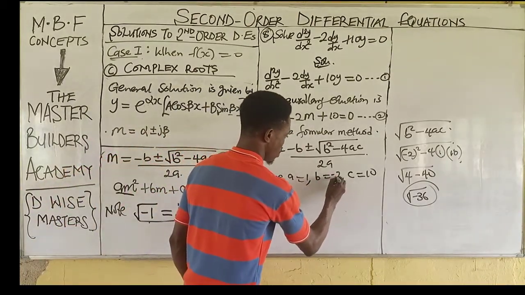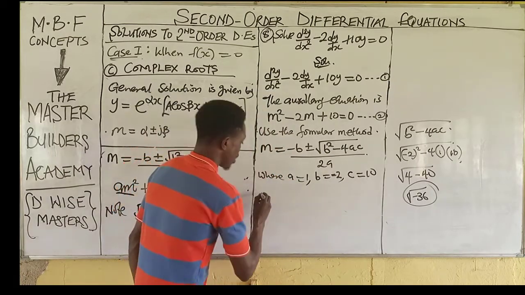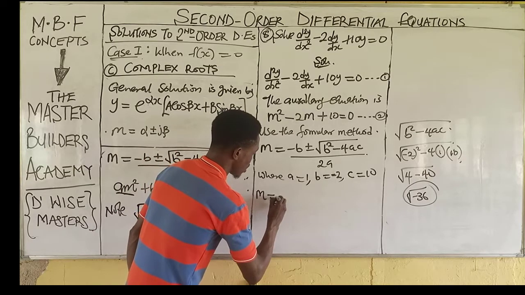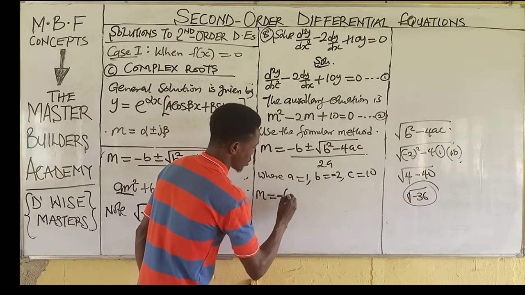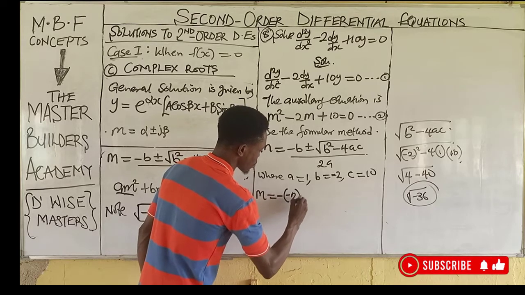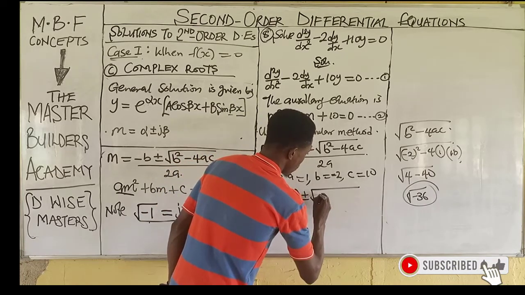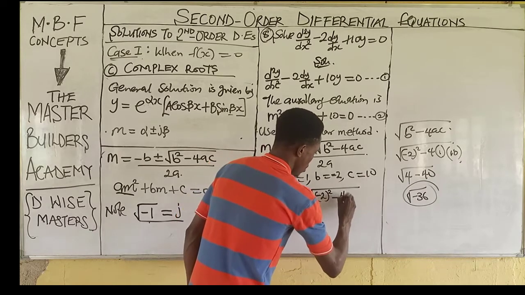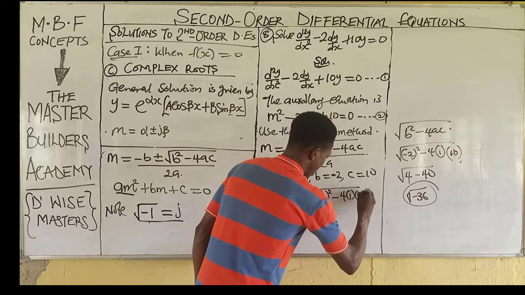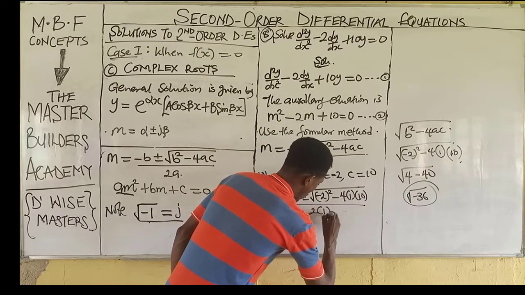Unlike the first problem we saw. Now all we need to do is substitute into this model. Then we have m is equal to minus, minus 2 plus or minus square root of minus 2 squared minus 4 multiplied by 1 multiplied by 10, all over 2 multiplied by 1.